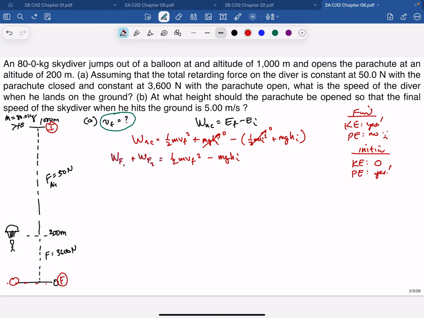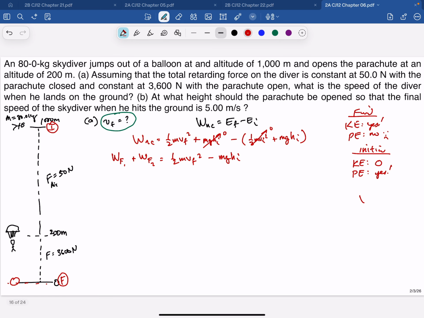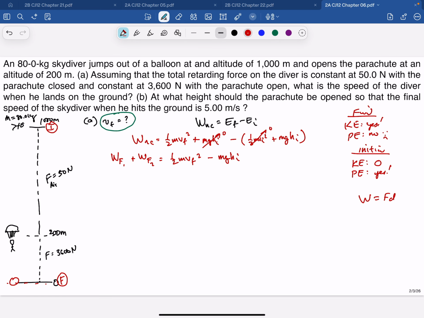Okay. So what is work from force number one? Work is always what? Force times distance times cosine theta, but this is all lined up. Okay. Air friction, positive or negative work? Negative. Acts opposite, right? Okay. So I'm going to write minus F1 D1. What's D1? Distance one.